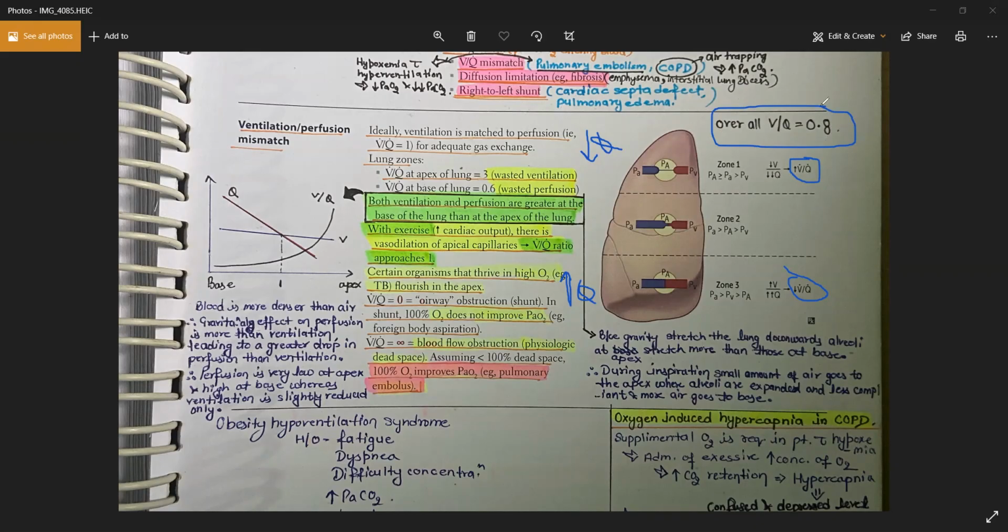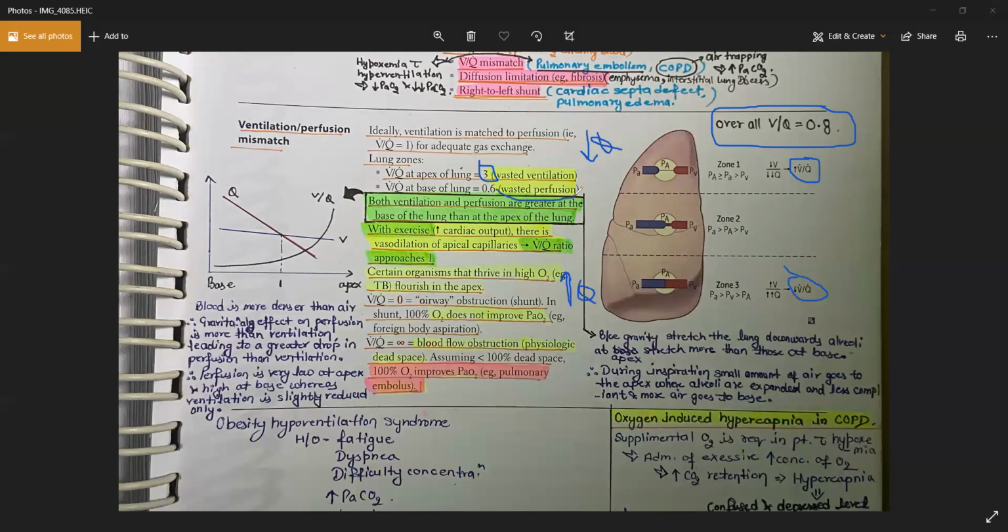Now, what happens at the apex? Because of very low perfusion and comparatively high ventilation, at the apex you will have a wastage of the ventilation. And the VQ is around 3 at the apex. At the base, you're having more perfusion than the ventilation, so at the base you're having a wasted perfusion.